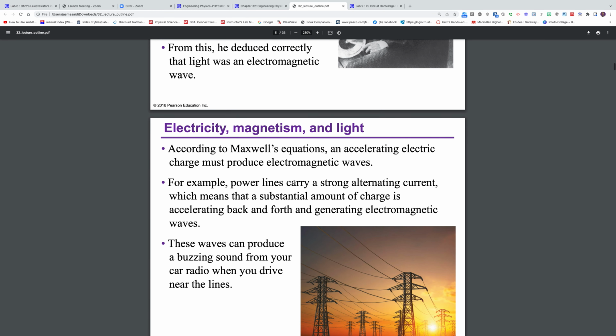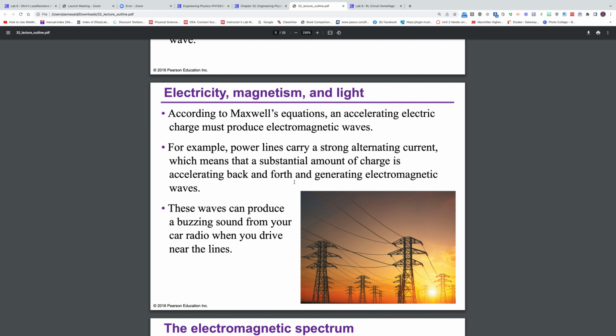According to Maxwell's equations, an accelerating electric charge is going to produce electromagnetic waves. Simply, if I have an electron that is oscillating, that is accelerating, it can produce electromagnetic waves. For example, in this picture you have high power lines.